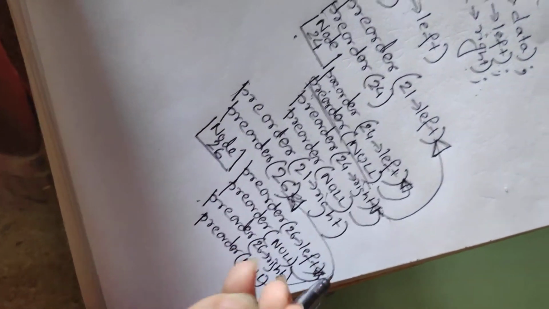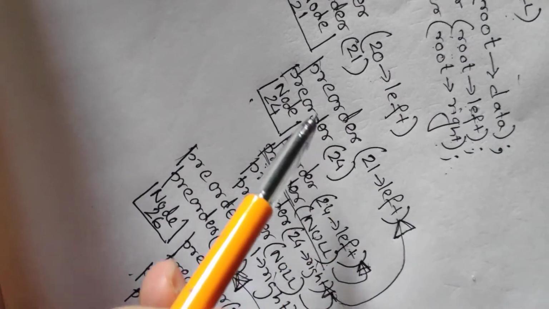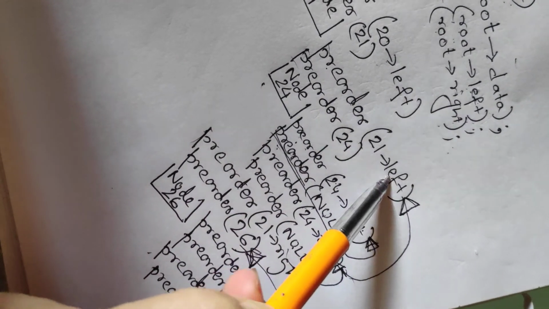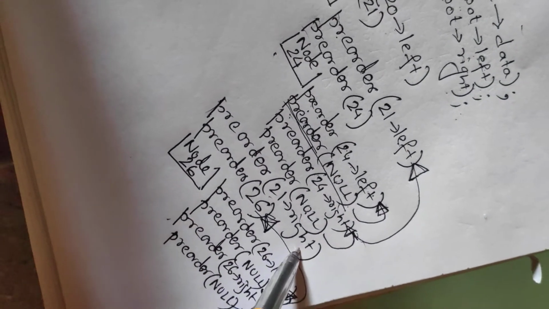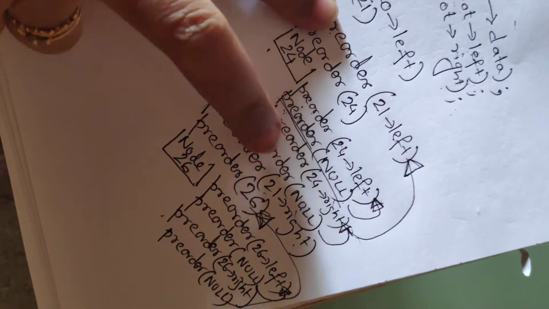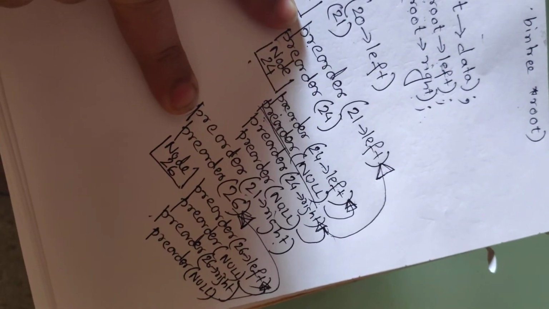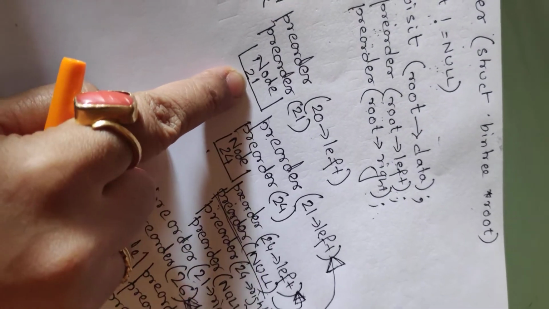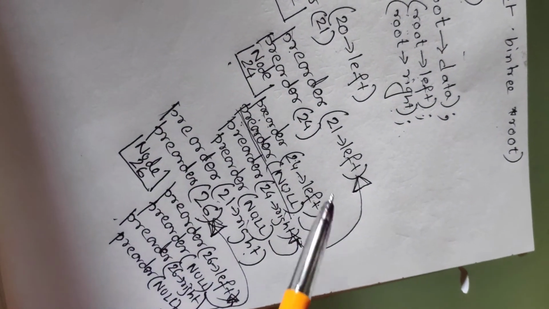Clear? Now if you look at this flow, preorder 21 left is done, preorder 21 right is also done. So working with the node 21 is done. You see on the stack top we have 21, so we were working with 21.